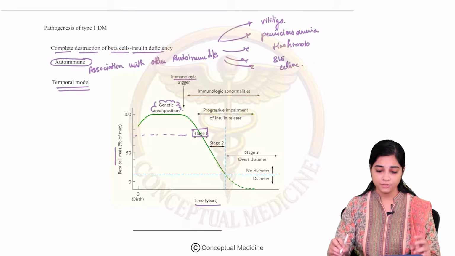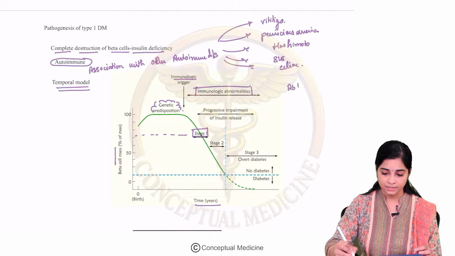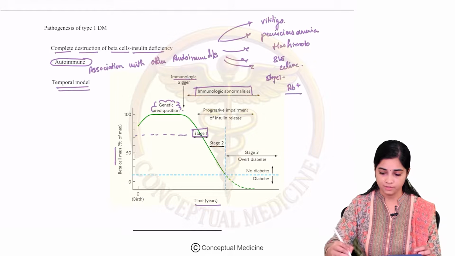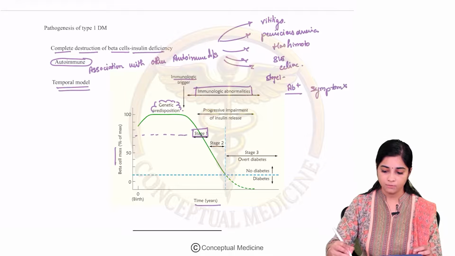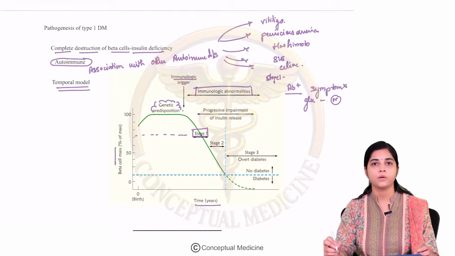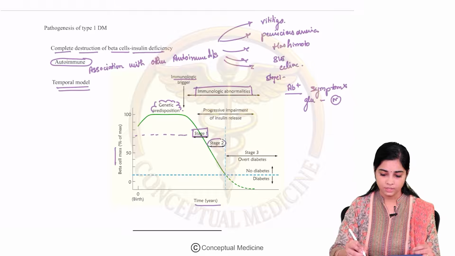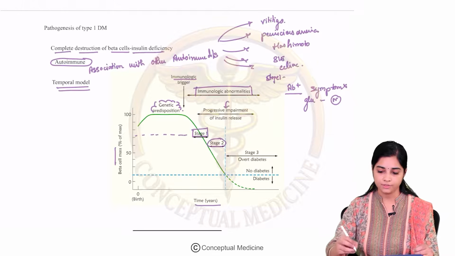In stage 1, there are only immunologic abnormalities. The antibodies are positive. Are there symptoms? No, there are no symptoms. What about the glucose levels? The glucose level is also normal in stage 1. Then in stage 2, there is a progressive impairment of insulin release.